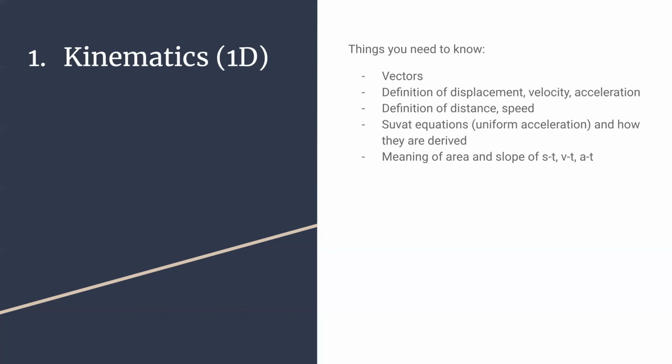The derivation of Suvat equations is quite intuitive from the area and the slope of the ST, VT, and AT graphs. I'm just going to cover the ST, VT, AT graphs first.